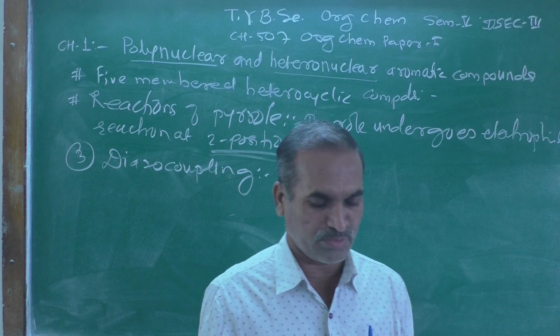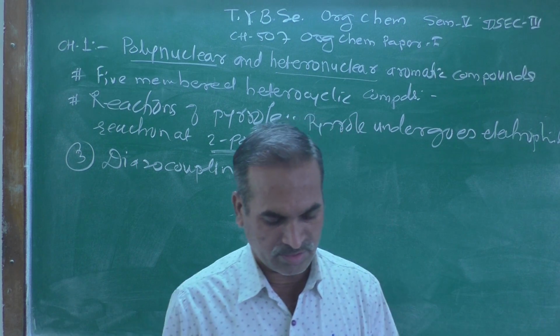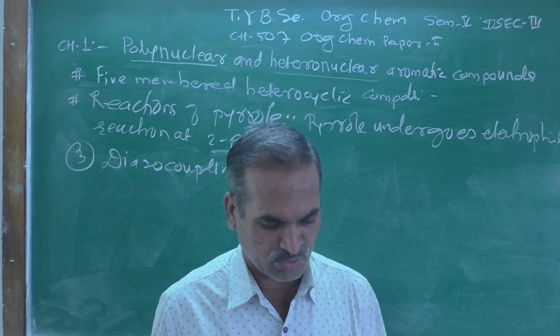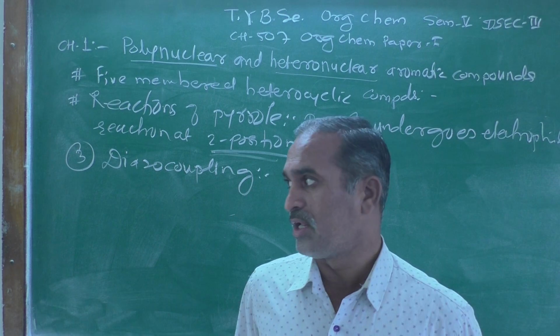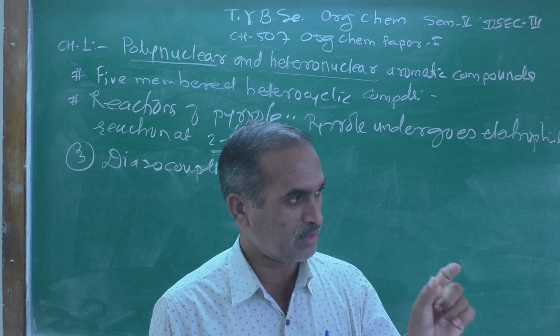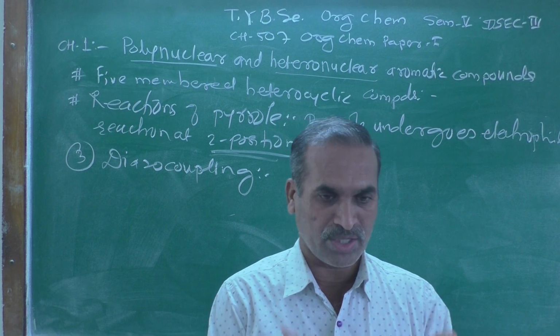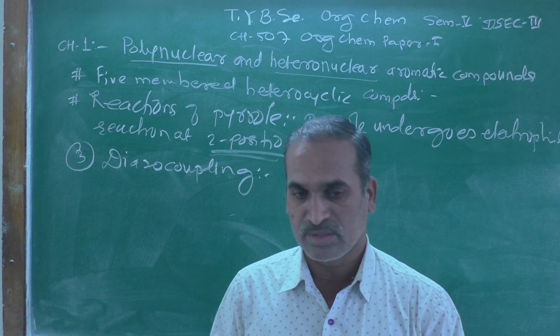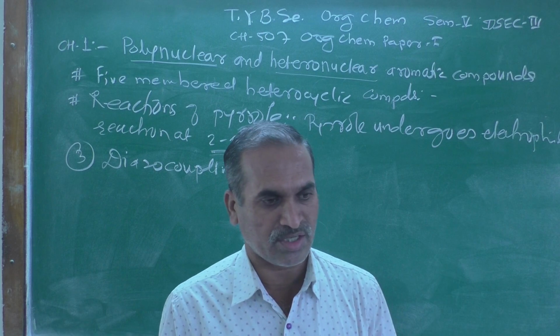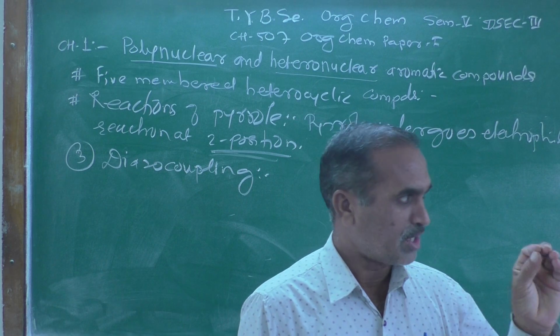The diazo coupling reaction, as we know, involves the benzene diazonium ion. When aniline is treated with sodium nitrite in presence of HCl, the temperature is maintained at 0 to 10 degrees centigrade, and the resulting compound formed is a diazonium salt.